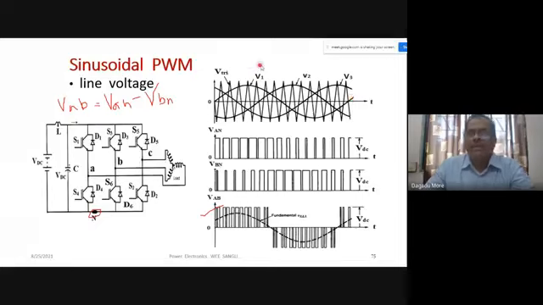The ratio of the peak amplitude of the modulating wave to the peak amplitude of the carrier wave we call the modulation index, m. When m varies from 0 to 1, we call it the linear range, and above 1 we call it over modulation. So we control the output voltage by controlling the modulation index, whereas frequency is controlled by the frequency of the modulating wave, and phase sequence is controlled by the phase sequence of the V1, V2, V3 signals.